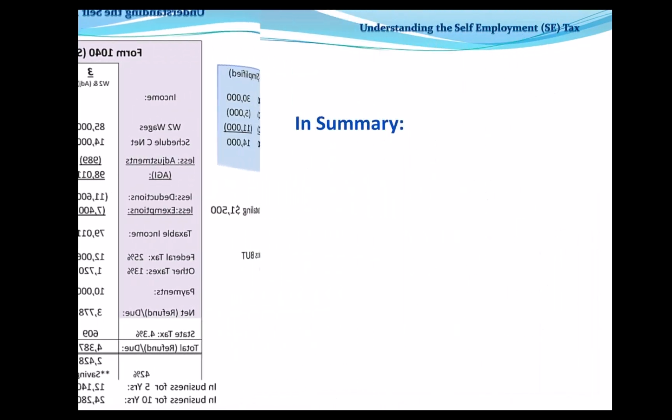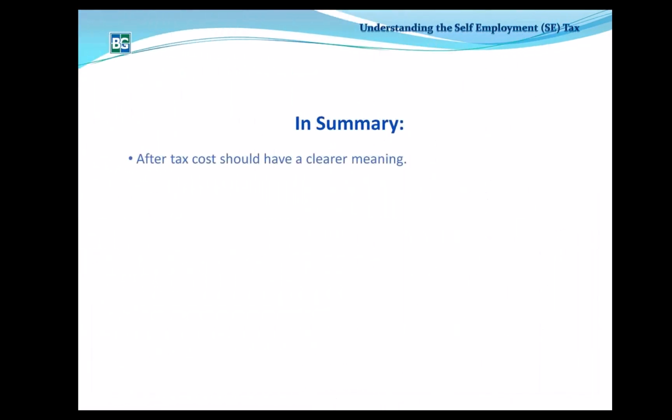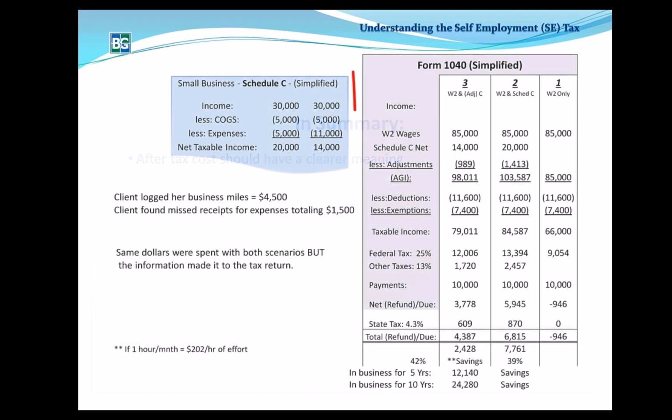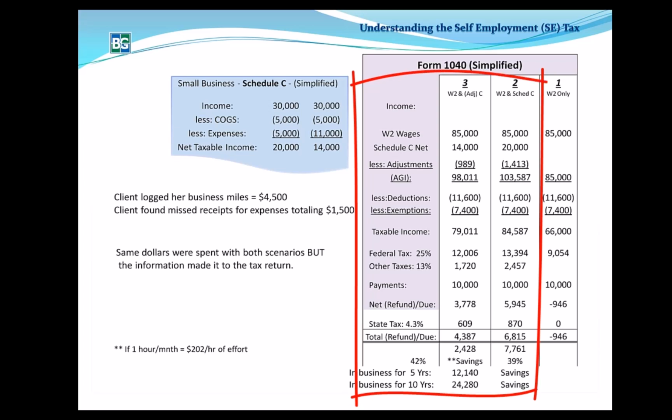In summary, the phrase after-tax cost should have a clearer meaning. In scenarios 2 and 3, any ordinary and necessary expenses that could be used for the development of the business could save in the range of 42% in taxes, making the net cost of the items purchased about 58% of the actual cost.